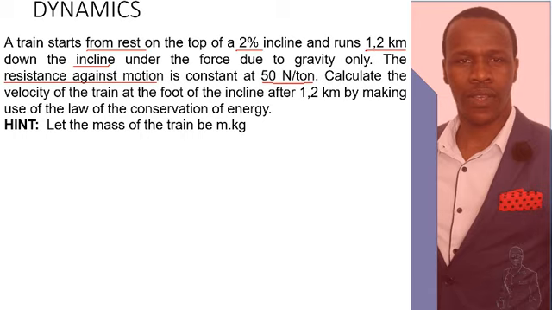Then we need to calculate the velocity. That's the question. It wants us to find the velocity at the foot of the incline after we have finished s. We are told to use the law of conservation of energy, and we are also given the hint that the mass is equal to m kg.